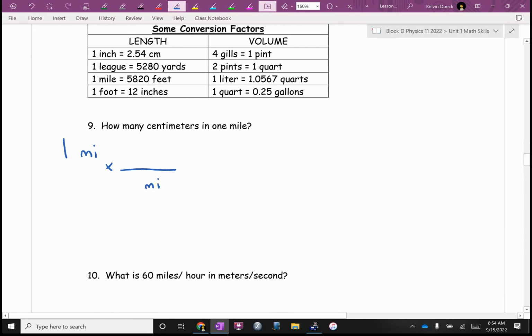What can I change miles into from the chart? No, I can't. I can do miles to inches? No, what can I change miles into? There's only one option really that's going to work for me. I can change it into feet. Okay. So I'm going to put feet on the top.